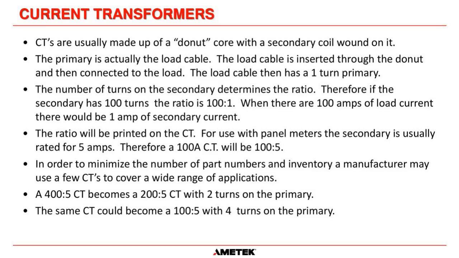And you could use the same CT with 4 turns on it and end up with a 100 to 5 CT. So one current transformer, one part number, can serve multiple applications.